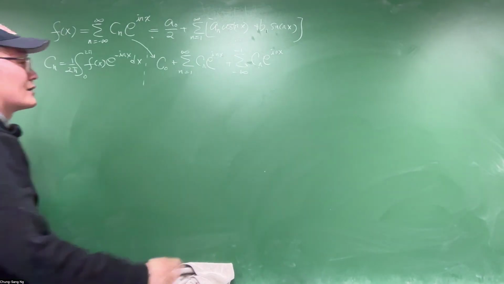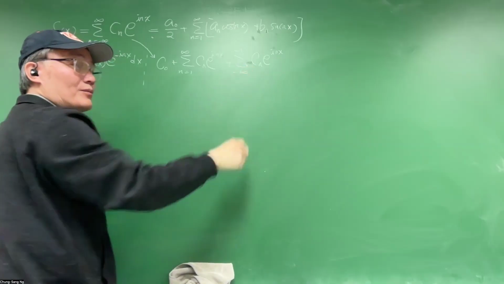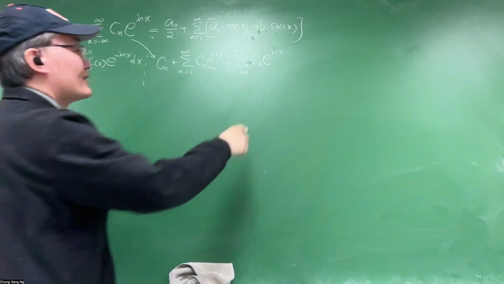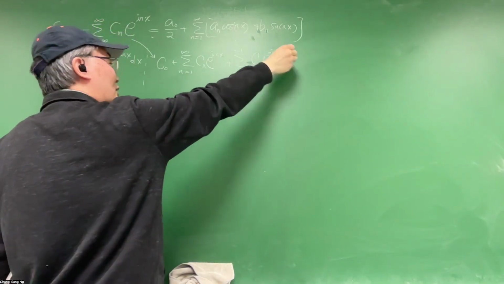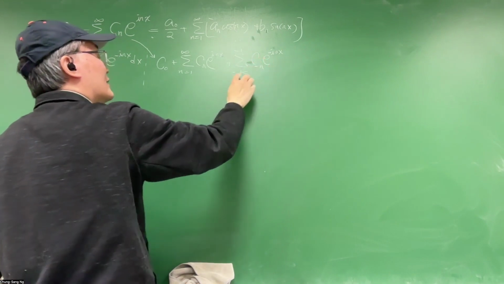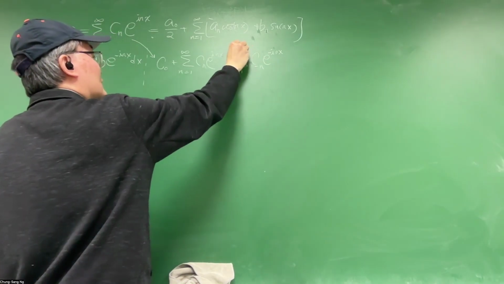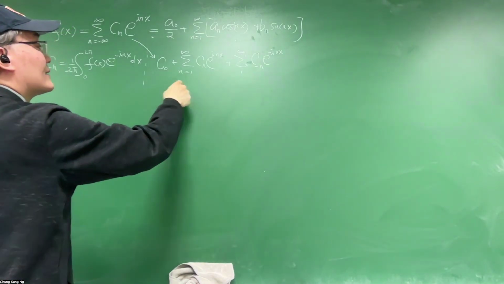But then we do the trick that we can always change the summation variable. So you change n to minus n, right? Then obviously this changes to e to the minus i n x, with C sub minus n, and the summation becomes the same as this one. Okay, so that's not bad, right?